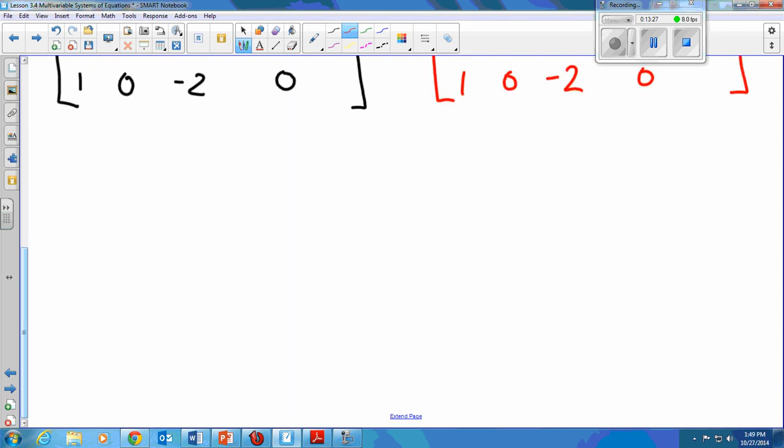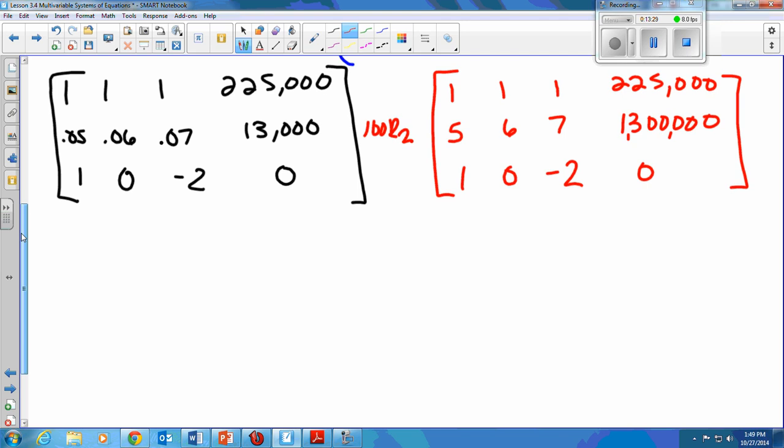Now, row 1 we said was good. Row 2, we'd like to get rid of the 5, how could we do that? Negative 5, row 1, plus row 2. And we're going to replace row 2 with the answer.